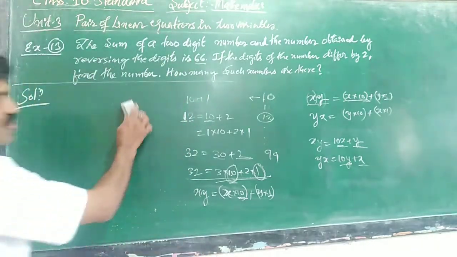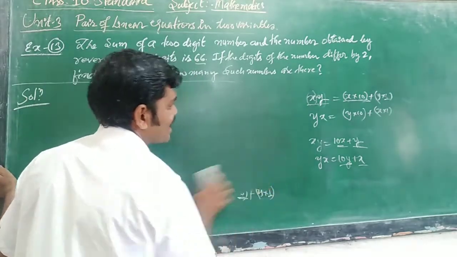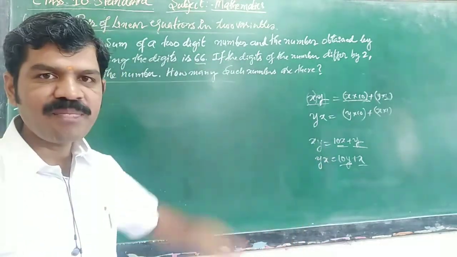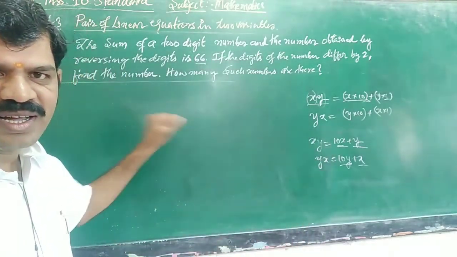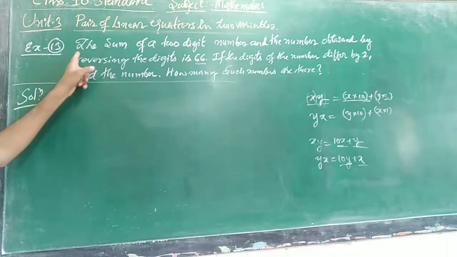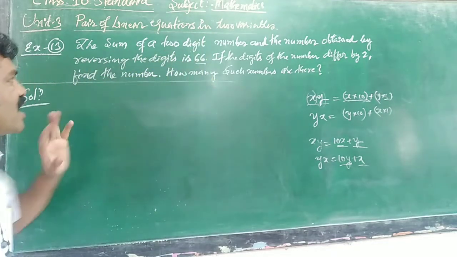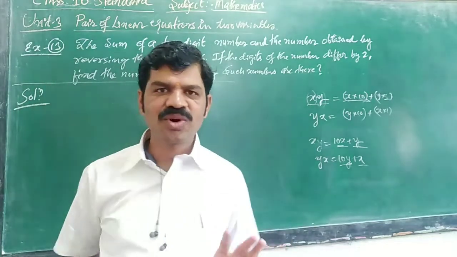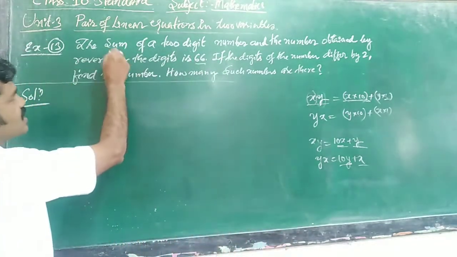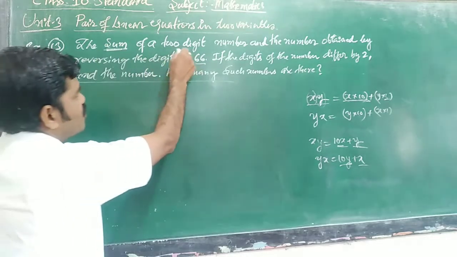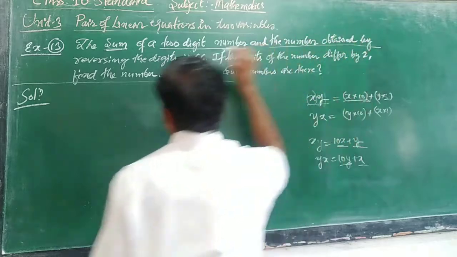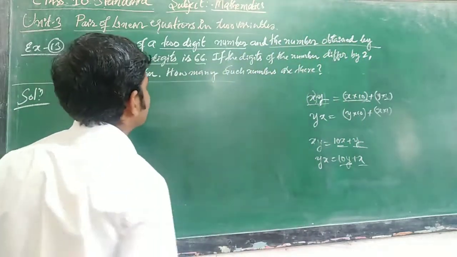Let's go to solve this. I left everything as it is because this will come in the middle of this answer. Okay. The sum of two-digit number. What is the two-digit number? You don't know. I write, sum of two-digit number and the number obtained by reversing the digits.